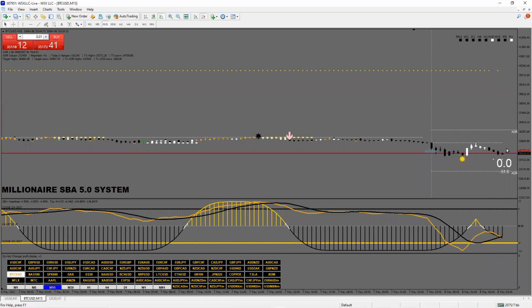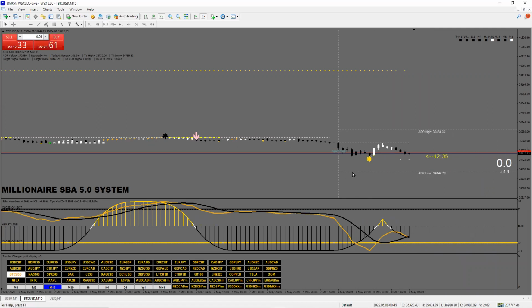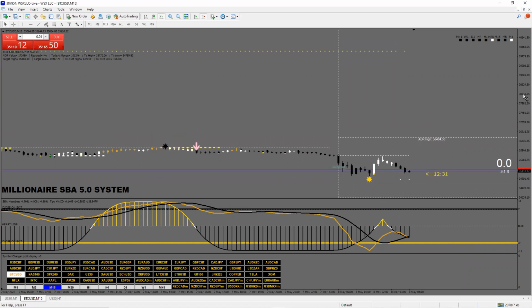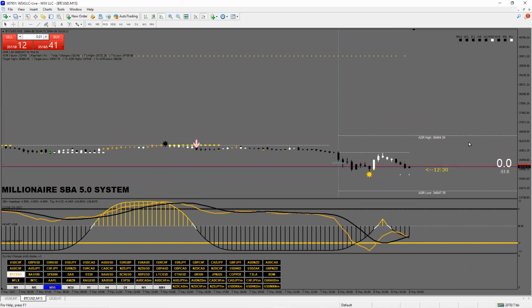So I'm not going to go for a buy, because the buy is coming, but it's not here yet. I'm going to go into a sale because if you look at where your price is compared to your ADR, here's your ADR start. As soon as it started the day, it went under, then it picked up, then it's coming back under.